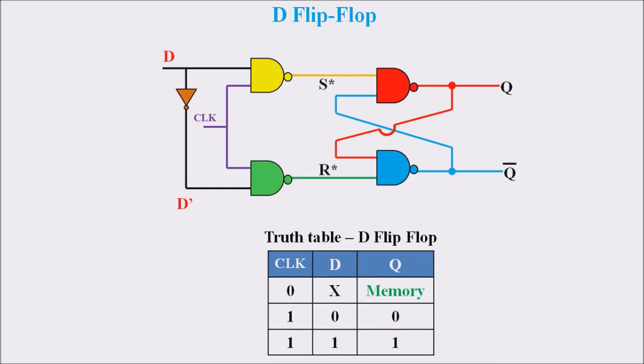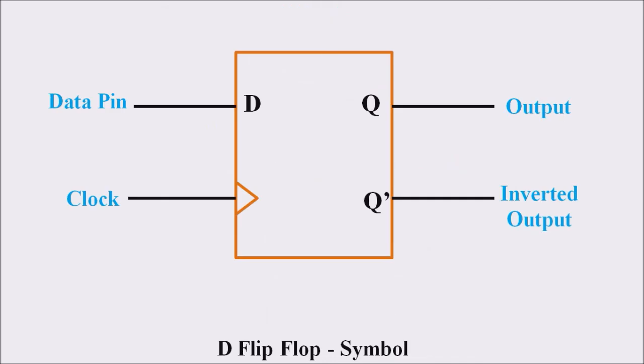That is, if we are providing an input, that input will be passed to the output, that is, the output is equal to the input itself if the clock value is 1. And if the clock is 0, then the previous output will be preserved or stored, that is, we are dealing with the memory condition. So this is the circuit diagram as well as the truth table of D flip-flop, and this is how we symbolize the D flip-flop in a logic diagram.